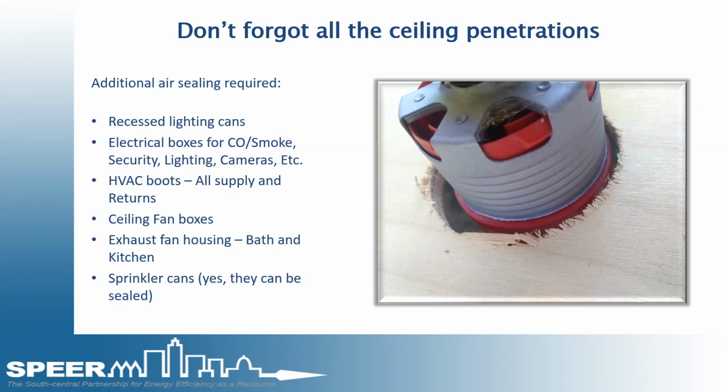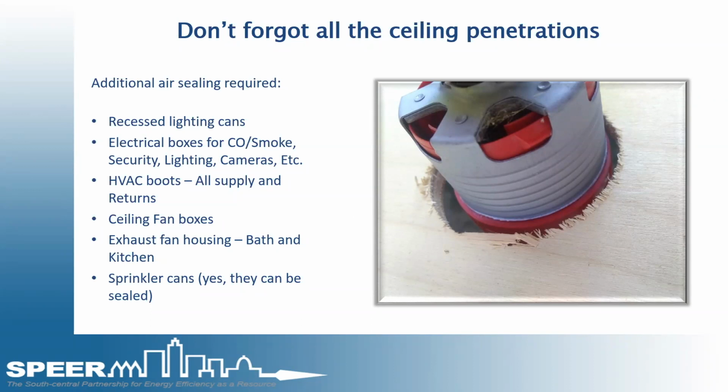Additional air sealing things that are also required are the recessed can lights. Most of those come with gaskets, but if the gaskets are thrown away or not done properly, that can leak. All electrical boxes like CO and smoke, security, lighting, cameras, anything that penetrates through the ceiling needs to be sealed.